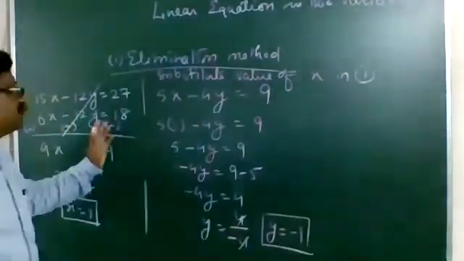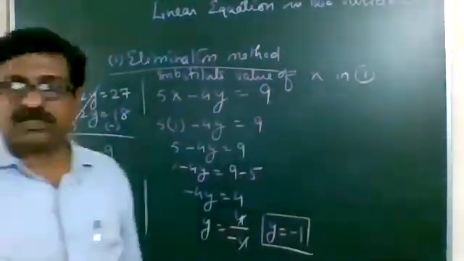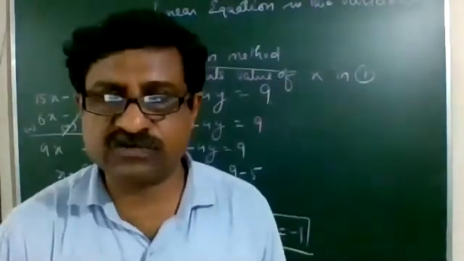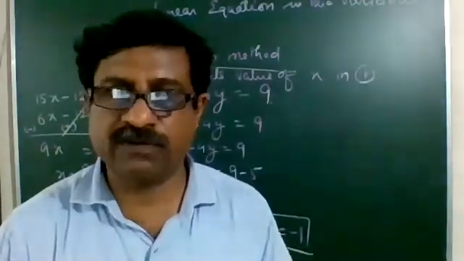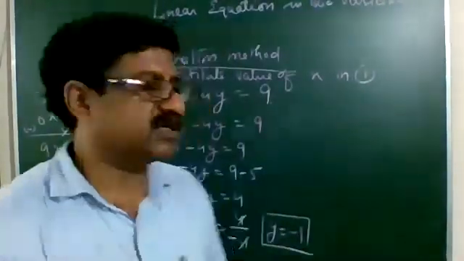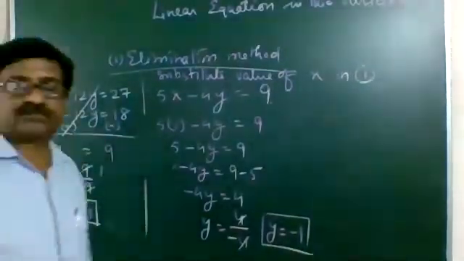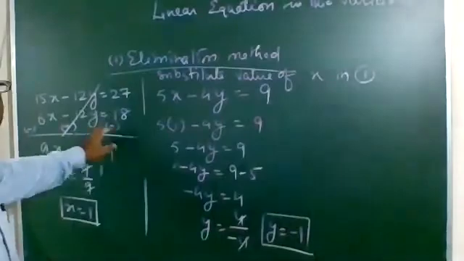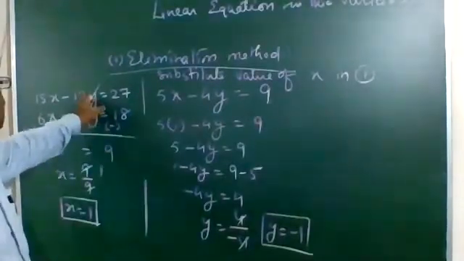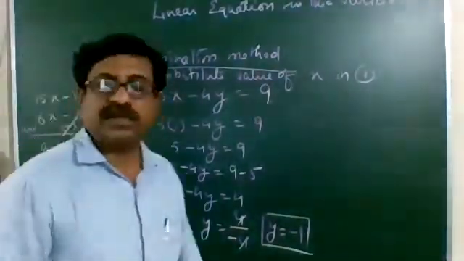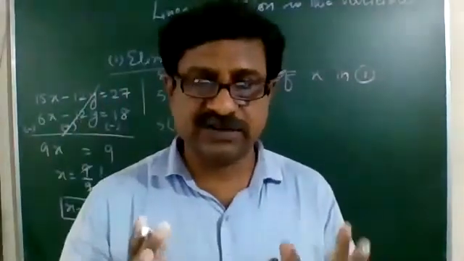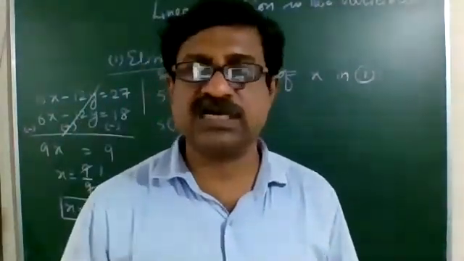Same way, we can find out the solution of some other linear equations in two variables, depending on the sign of the coefficient of y, whether we have to add or subtract. Here we have subtracted because the signs were the same. In case the signs are different, then we just add.